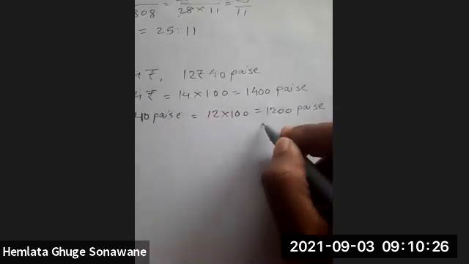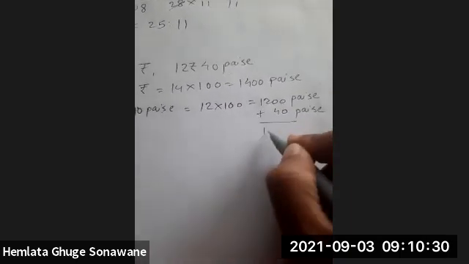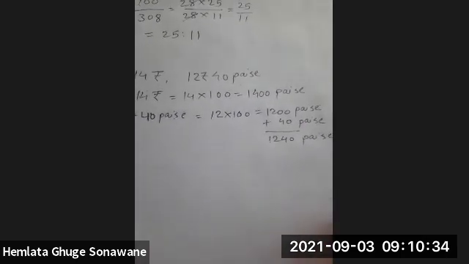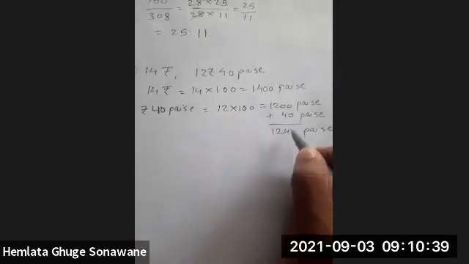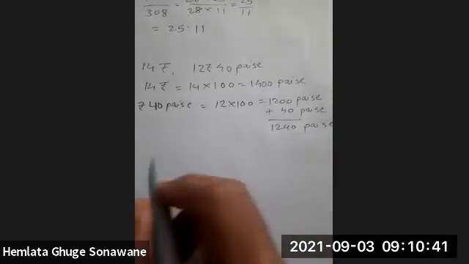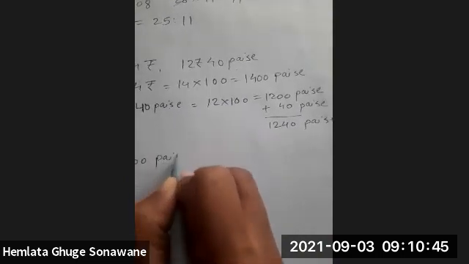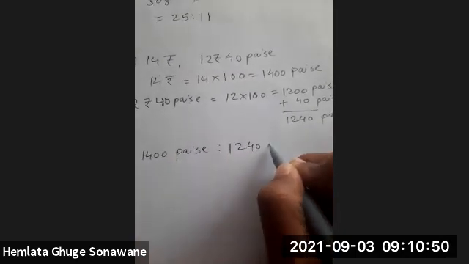So we add 40 paise and it becomes 1240 paise. Okay, so we have both the quantities in equal units. So 1400 paise as to 1240 paise.